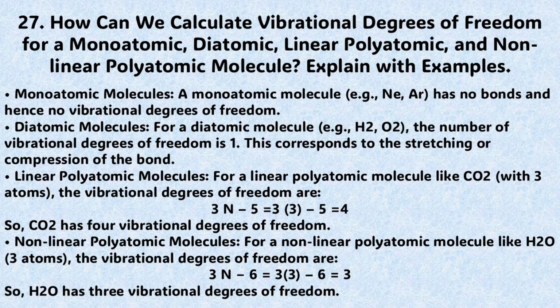Nonlinear polyatomic molecules: for a nonlinear polyatomic molecule like H2O, 3 atoms, the vibrational degrees of freedom are 3n-6 = 3×3-6 = 3. So, H2O has 3 vibrational degrees of freedom.